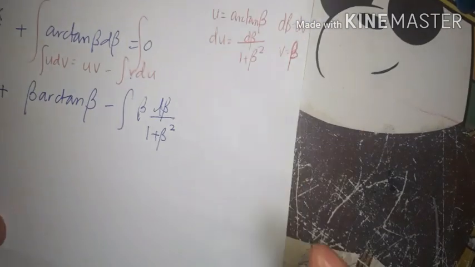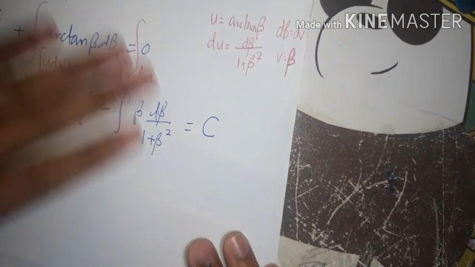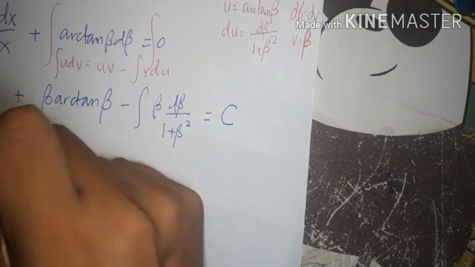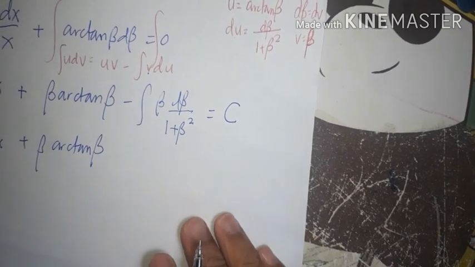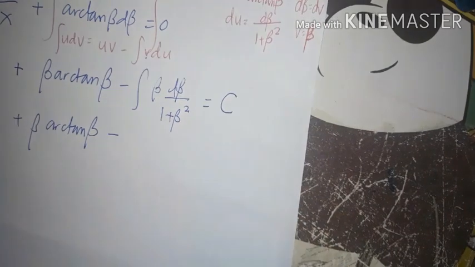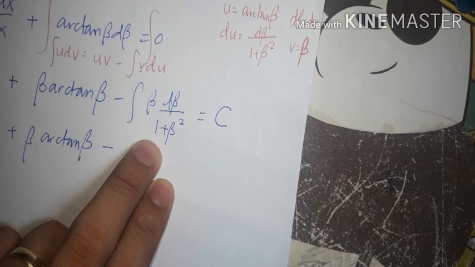So is equal to integral of 0 is c. So that's ln of x plus beta arctangent beta minus integral of beta d beta over 1 plus beta squared.